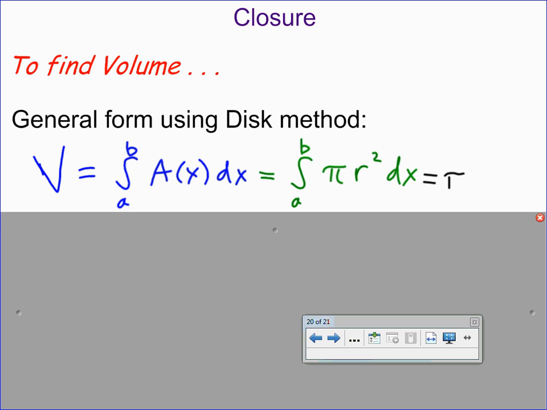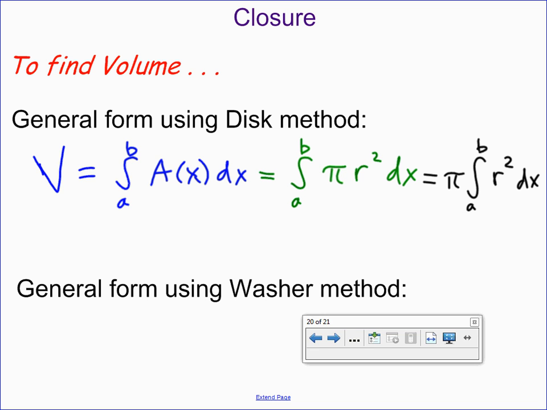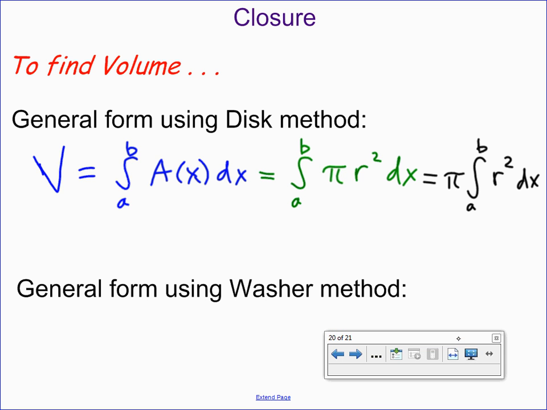And so you'll see the typical form for integrating using the disk method, where I have circular cross sections, is pi integral from a to b of r squared with respect to x or with respect to y. So that's our general form for the disk method. Awesome. Next class, we're going to go ahead and extend it to include the washer method.